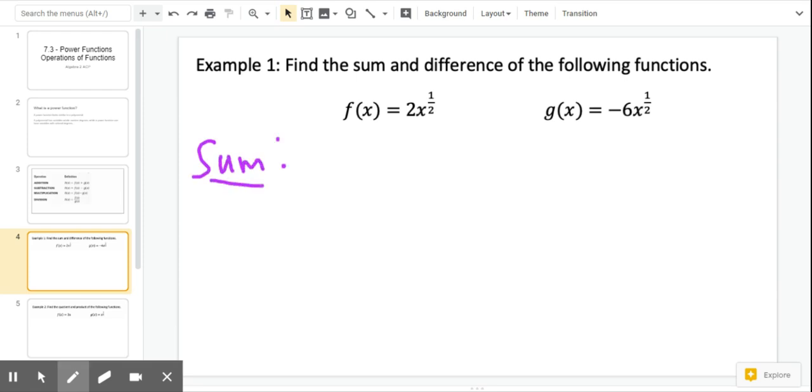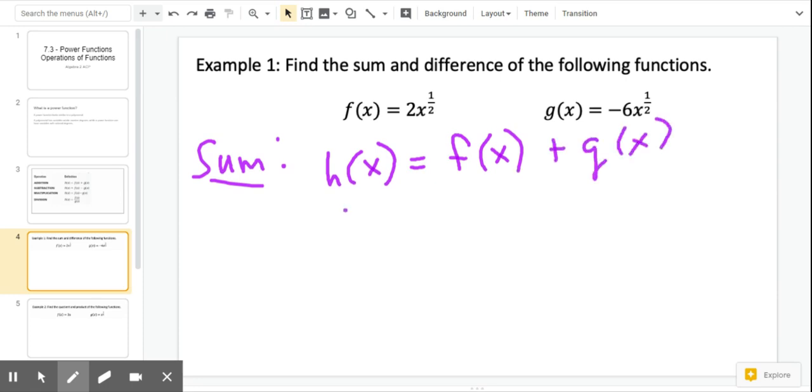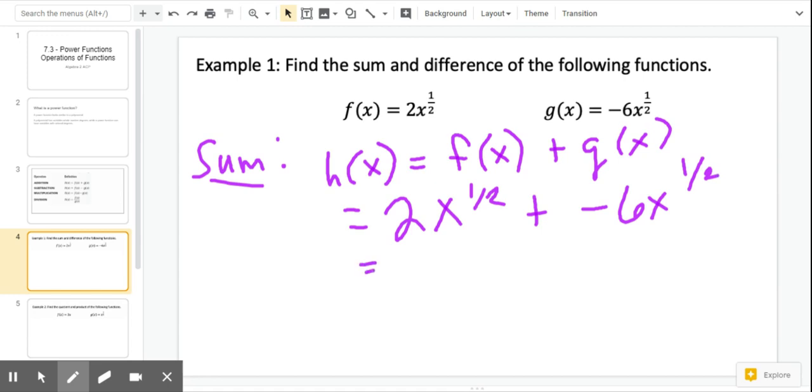Sum, of course, means addition. So let's call our new function that we're going to find h of x. Since we're doing addition, that's going to be f of x plus g of x, which is 2x to the 1/2 plus negative 6x to the 1/2. Of course, plus a negative means we can rewrite it as minus 6x to the 1/2.